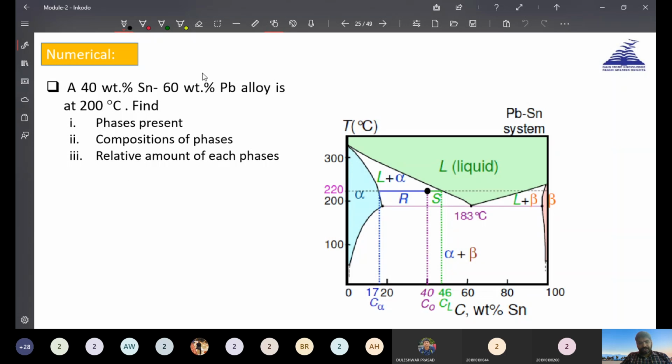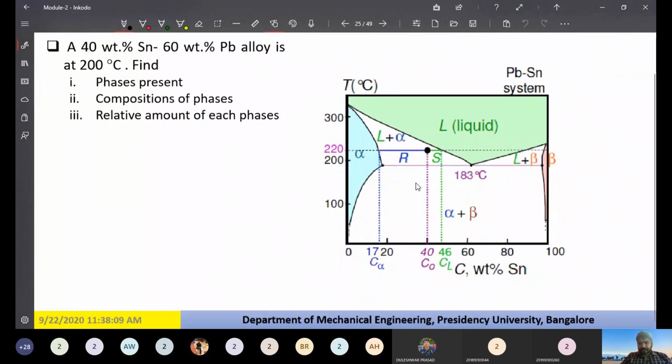Here you can see a 40 weight percent tin. Here we are having the eutectic system of lead and tin.